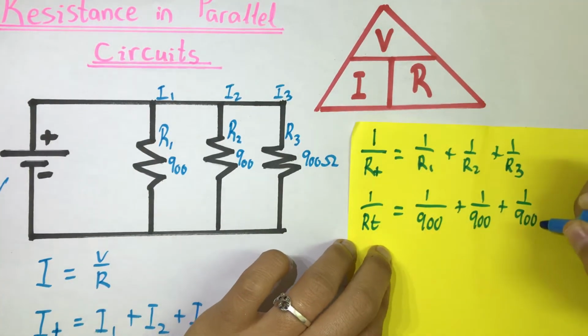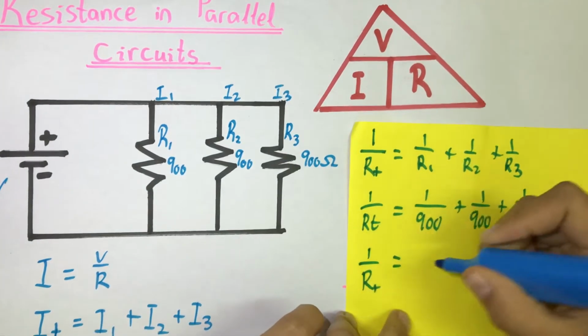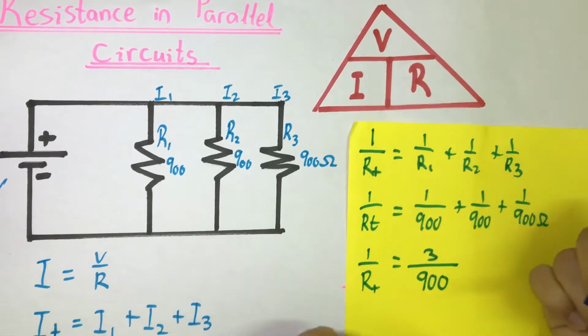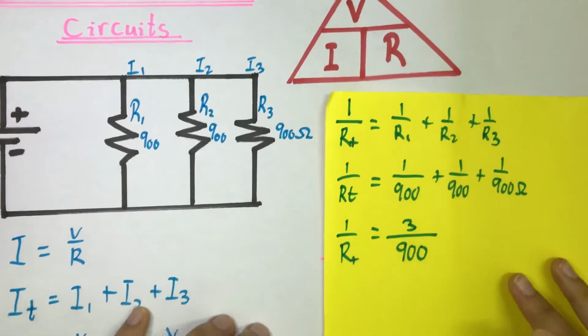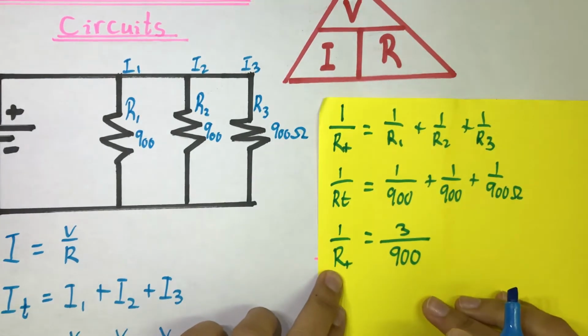900 ohms. 1 over R total equals 3 over 900 ohms, right? Because we're just adding these fractions. The denominator is the same, so you just add them at the top. And so that's the inverse of it.